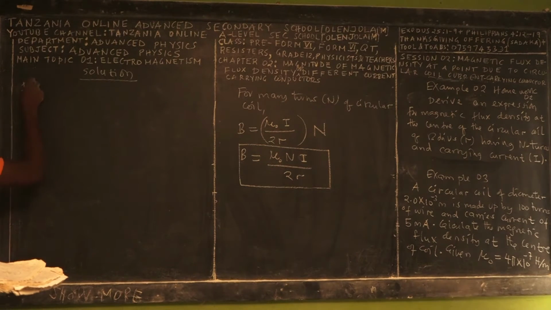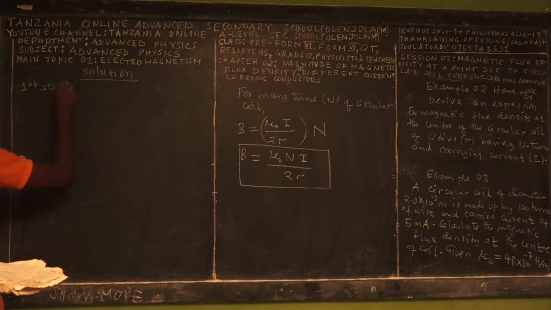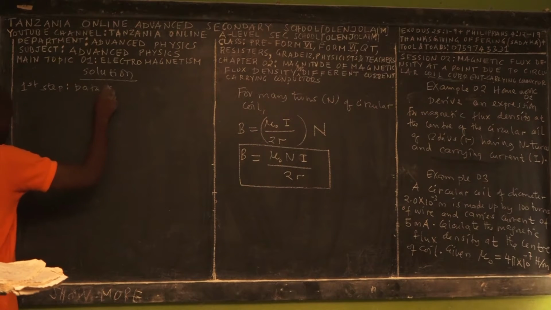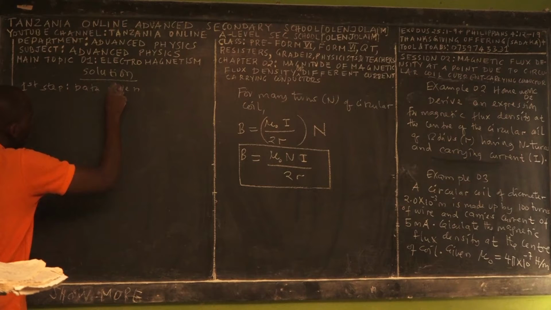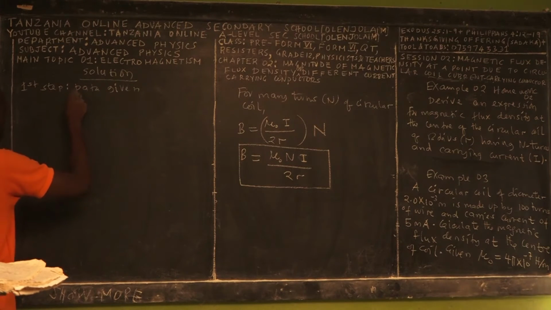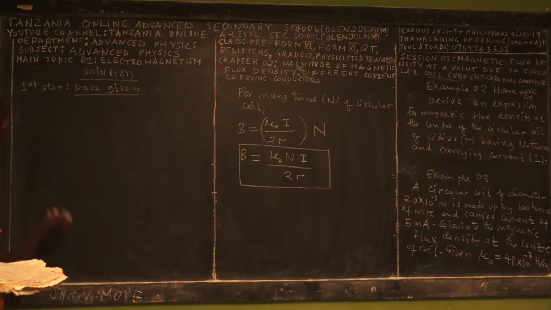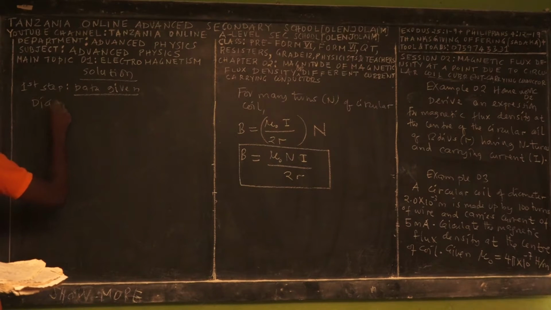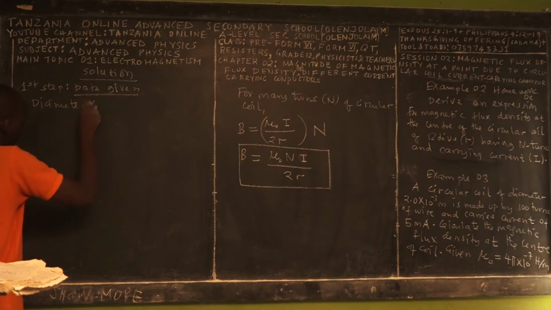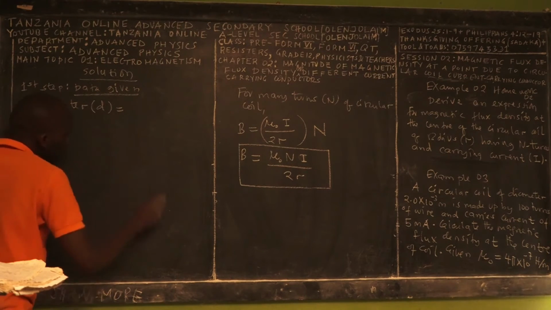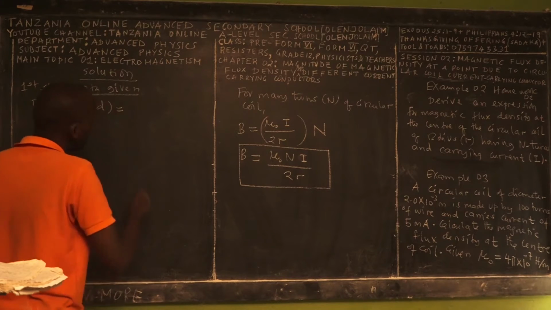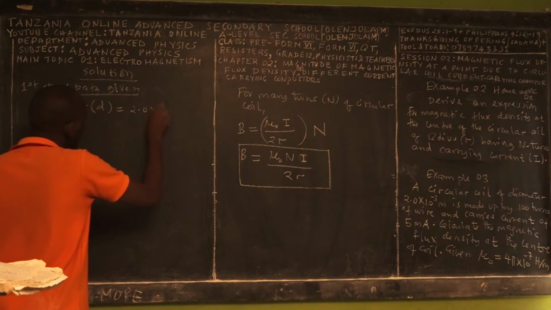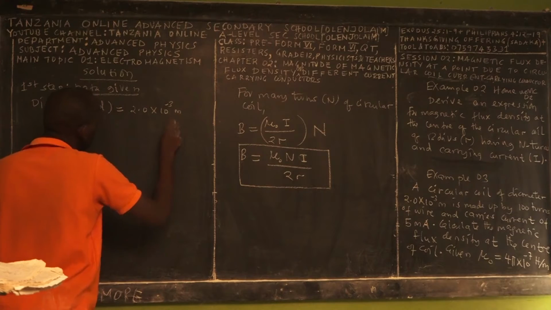So the first step, we write the data given. What are we given first of all? Diameter. You can pause the video and try to solve this problem yourself. So the diameter is 2.0 × 10^-3 meter.